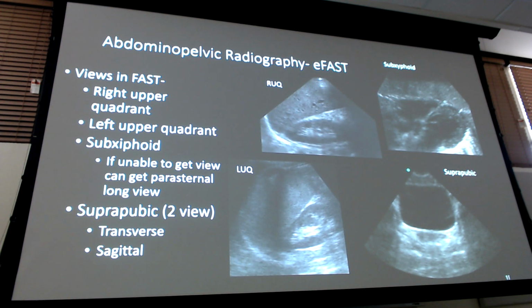Nice part about the heart view is I can see the chambers, I can see the septum, so I have an idea of where that pericardium is supposed to be. If I have an area of tissue and then fluid and then another line of tissue, that's going to be fluid in my pericardium. That's abnormal. We'll see a picture on that as well.